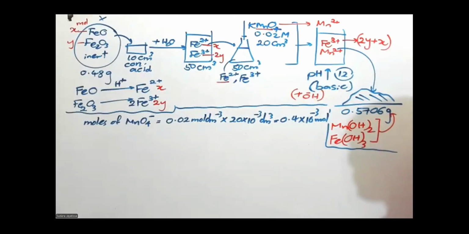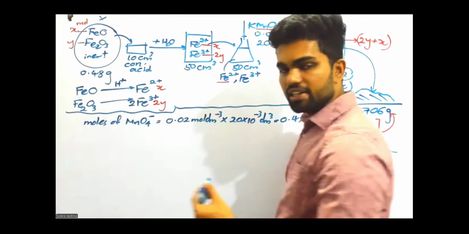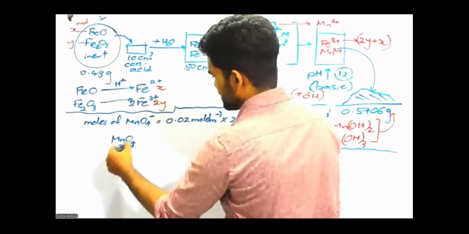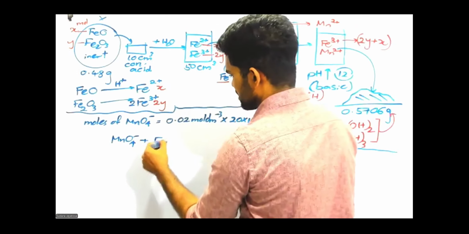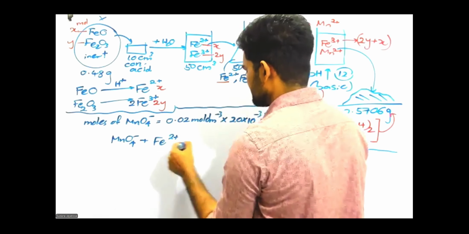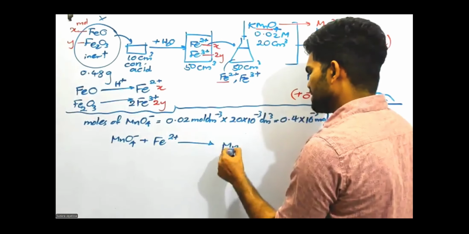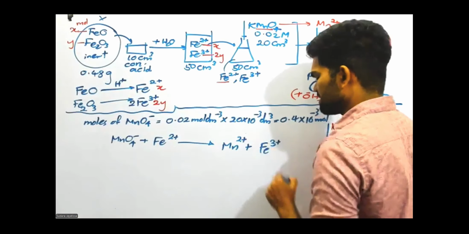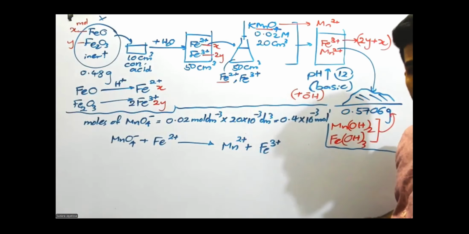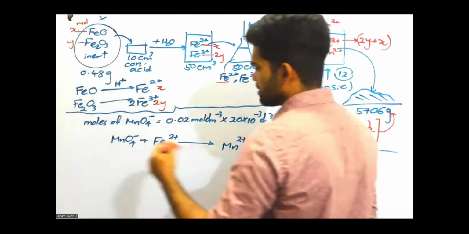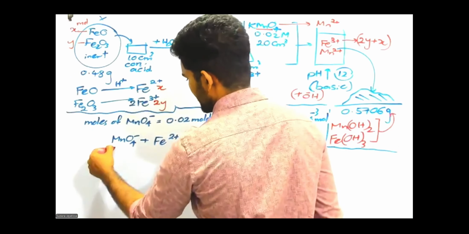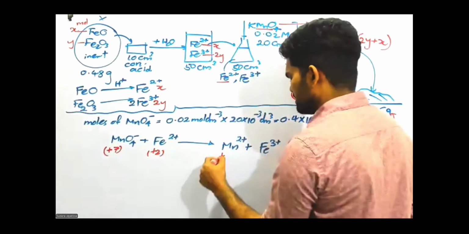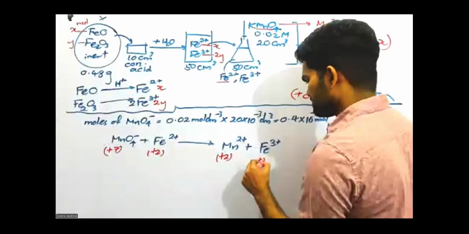Then we need to write the balanced equation between MnO4 minus and Fe2 plus. Here manganese is reduced to Mn2 plus and Fe2 plus goes to Fe3 plus. Remember our redox method? We need the oxidation numbers. This one is plus 7, plus 2, and plus 2, plus 3.